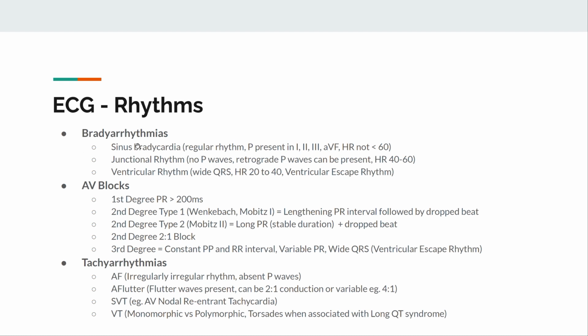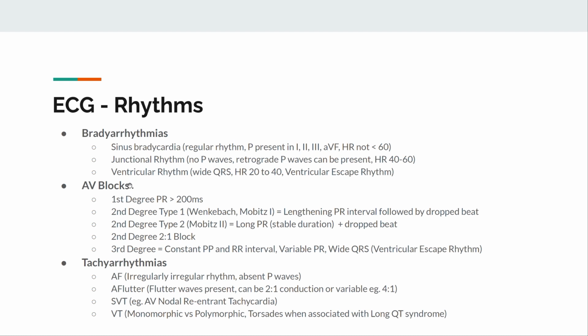Bradyarrhythmias, so low heart rate arrhythmias: you could have sinus bradycardia, someone who's just very fit and their heart rate is low at rest. You could have a junctional rhythm, which is when the heart rate is actually coming from the bundle of His. So it's a slow heart rate from 40 to 60, and the QRS looks like a normal QRS, but there's no P waves.